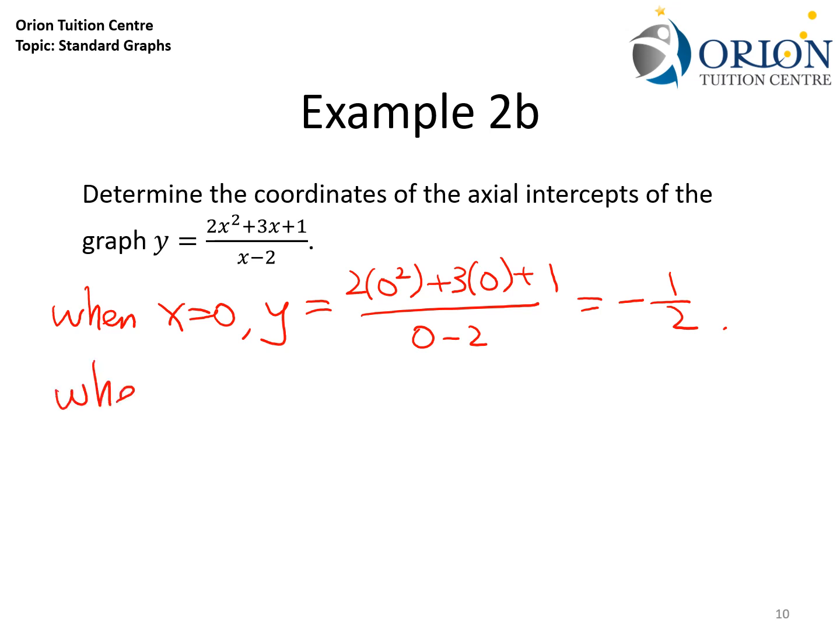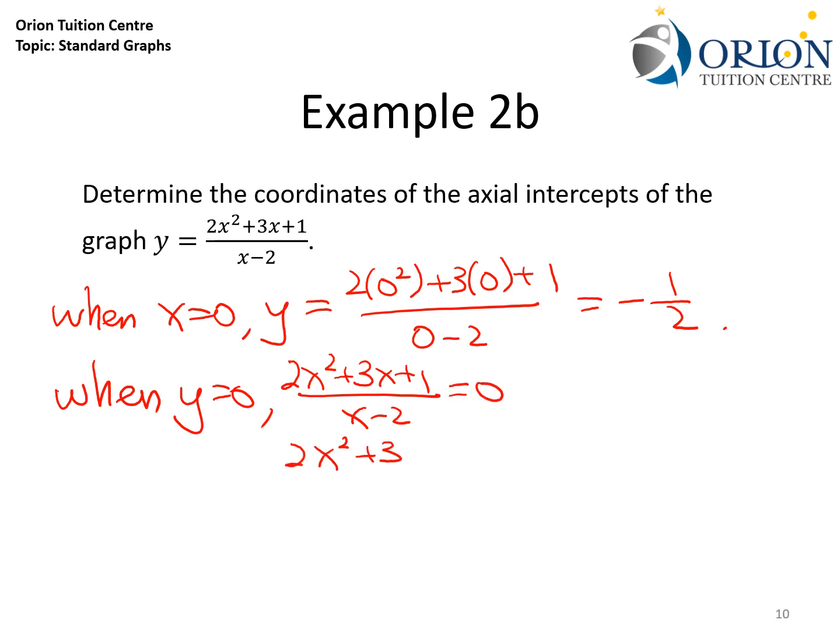And we can find out the x-axis intercepts by substituting y equals to 0, which gives us 2x squared plus 3x plus 1 divided by x minus 2 equals to 0. And therefore, we can simplify it into 2x squared plus 3x plus 1 equals to 0, since we can simply cross multiply the denominator across. Since 0 multiplied by anything is 0, we can just throw away this x minus 2.